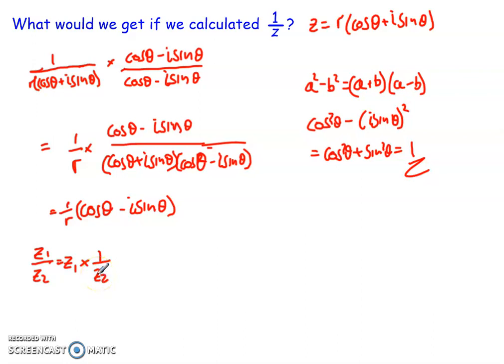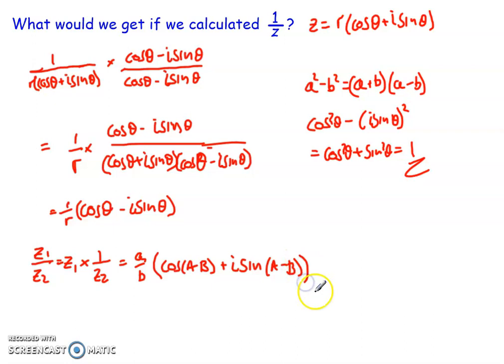And if we were to write it like that and then combine it together using this rule here and the previous rule we'd covered, the previous shorthand, I'd be able to write it as a over b, bracket cos of a minus b plus i sine of a minus b.